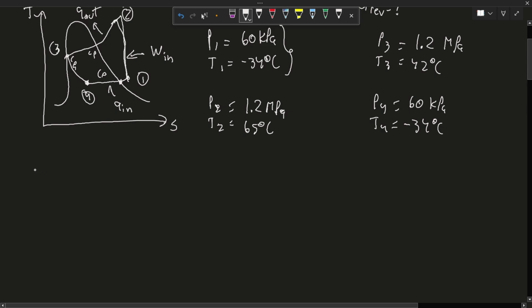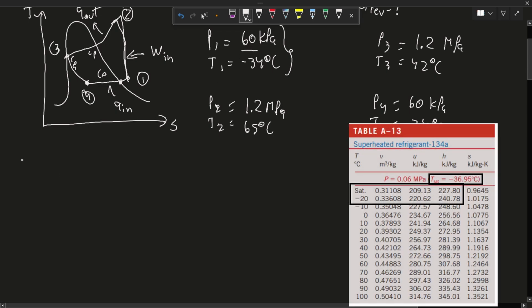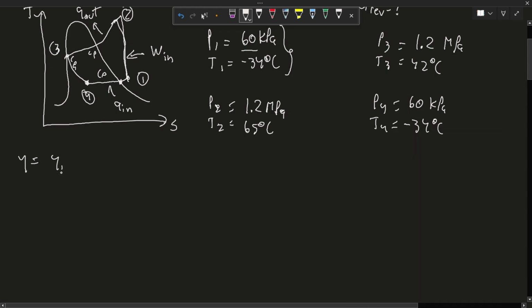Okay. So you go to 60 kPa, so 0.06 MPa. And you have to do interpolation between the h's and the T's. So interpolation, this is the equation: y1 plus the slope times x minus x1. Basically, we're trying to find h.